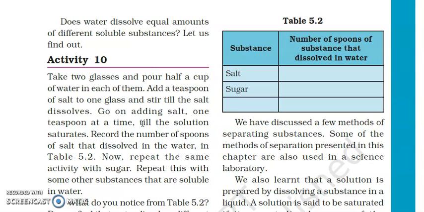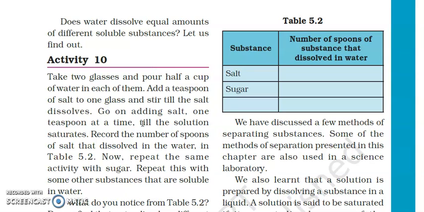I believe that you all remember what is a solute, what is a solvent, and what is a solution. I'm telling you again, a solute is a substance which is dissolved in the liquid. So here salt or sugar is the solute. Now what is a solvent? The liquid in which the solute is being dissolved is called a solvent.